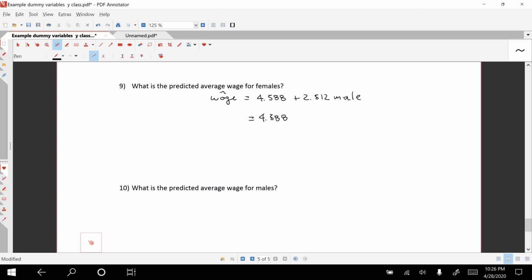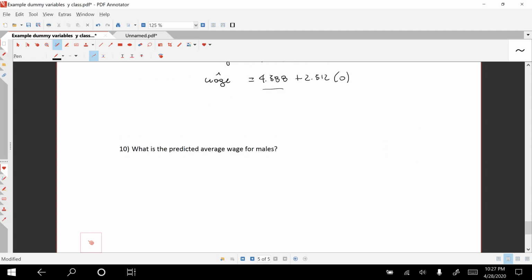This is 4.588 plus 2.512 times 0, because for females, male is equal to 0. So you notice that this is basically the intercept. The intercept, once again, represents the average wage for females.